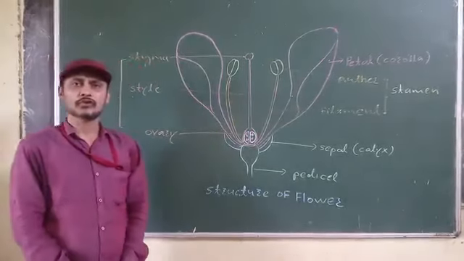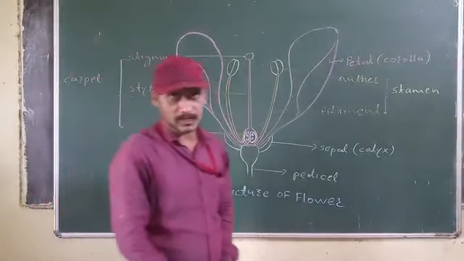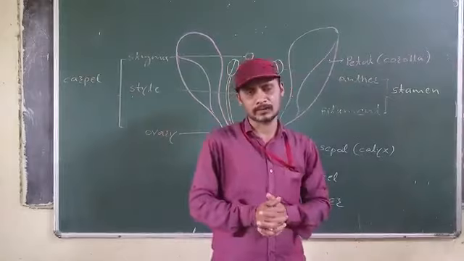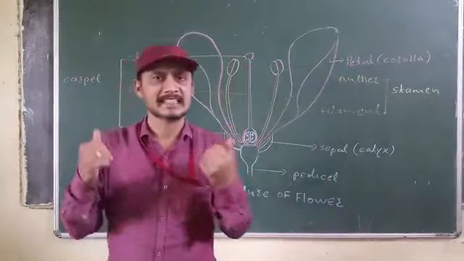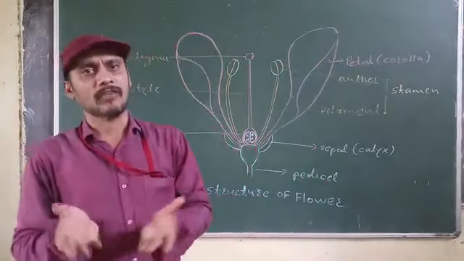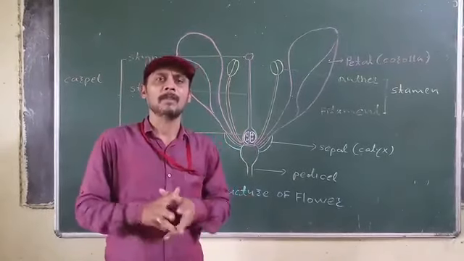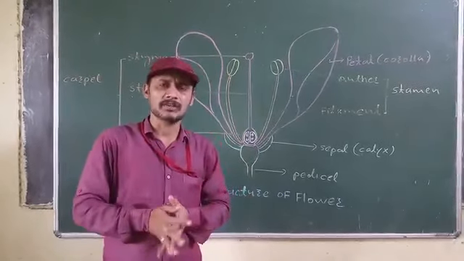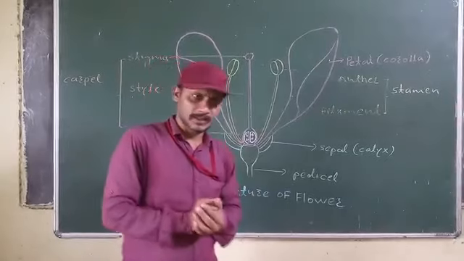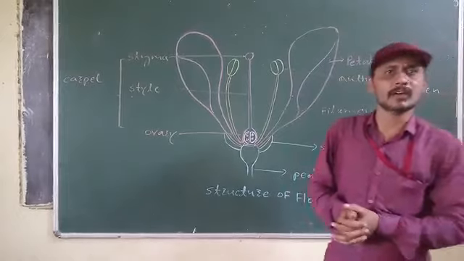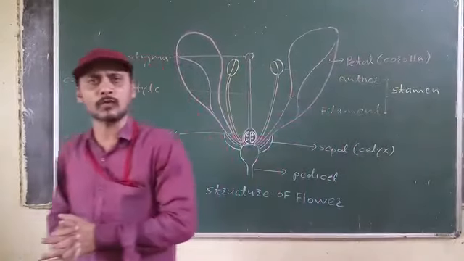There are so many varieties of flowers, having different colors and also different scents. Some flowers are colored while some flowers are non-colored. Some flowers are spectacular, that is, we can easily identify them, while some flowers are difficult to understand.